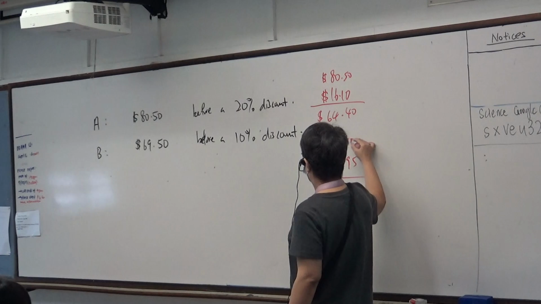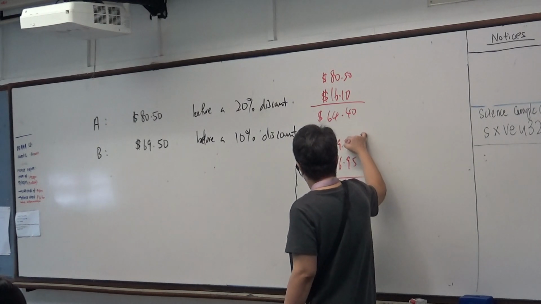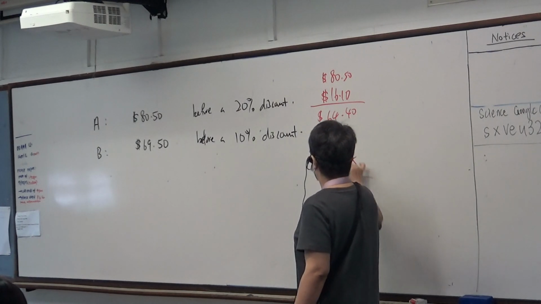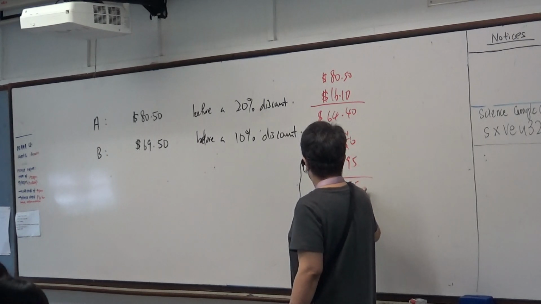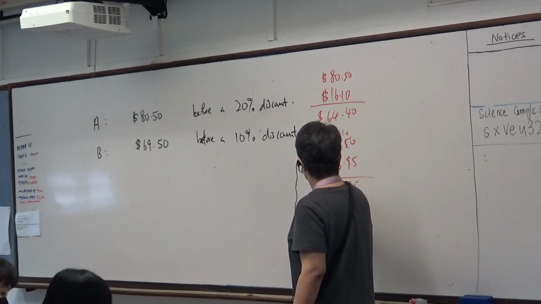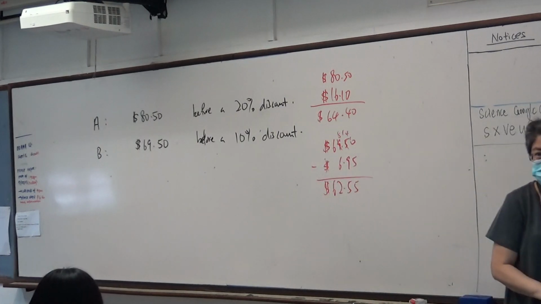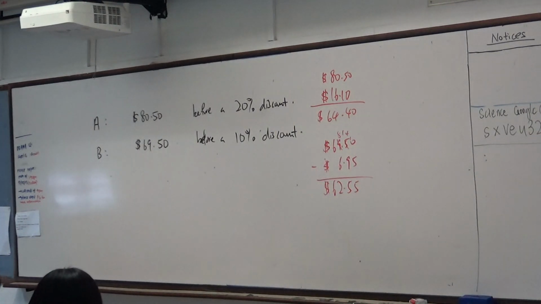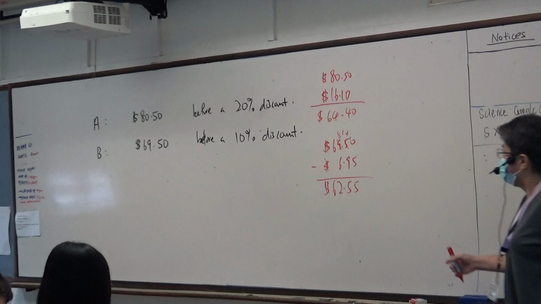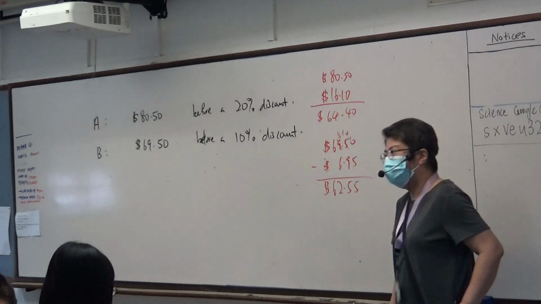Yes or no? Okay. So this will be a 4, this will be a 5, what's this? 62.55, right? Did I make any mistake? No? Okay.